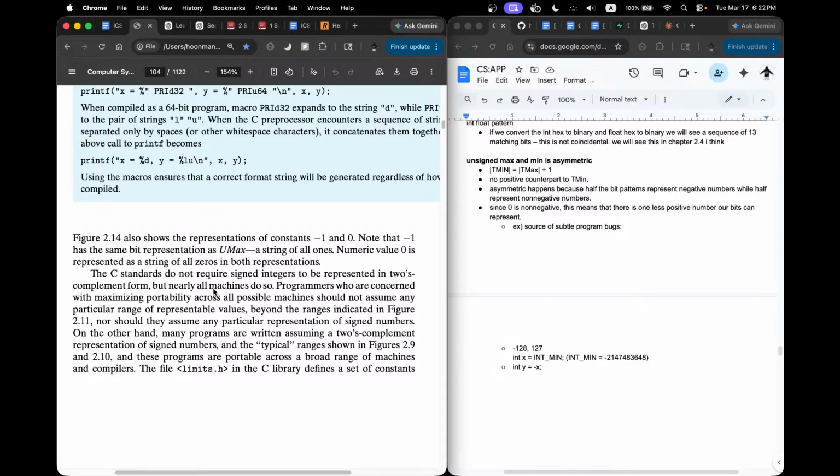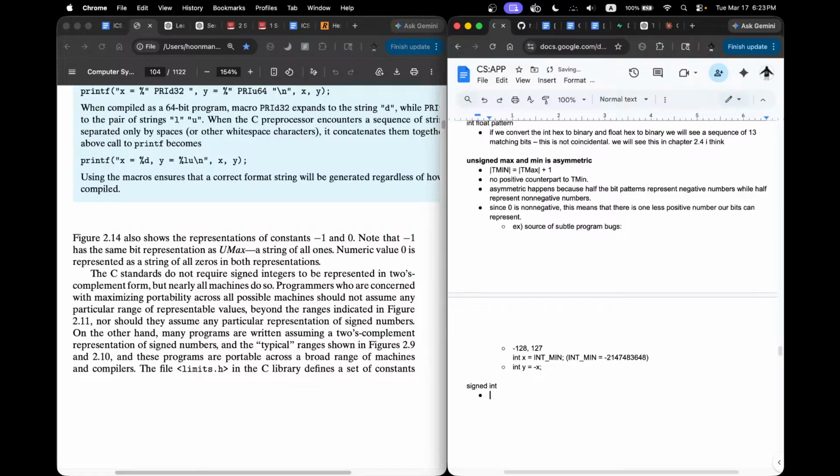The C standard does not require signed integers to be represented in 2's complement form, but nearly all machines do so. Programmers who are concerned with maximizing portability across all machines should not assume any particular range of representable values. Whoa.